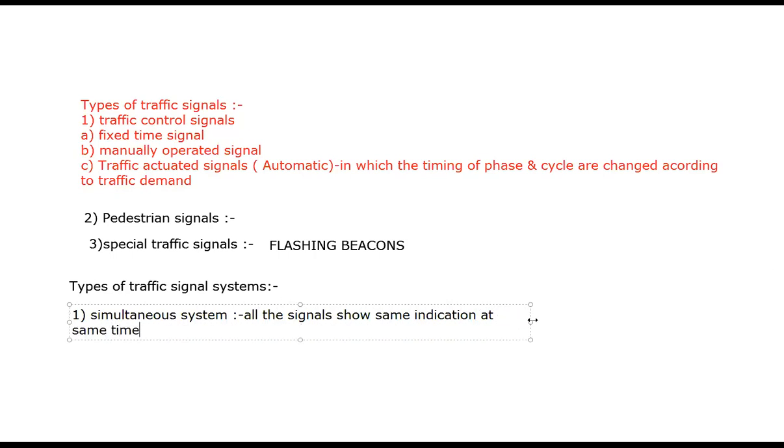Okay. So since the division of the cycle is the same, same color light, green to green, red to red, this system does not work satisfactorily.